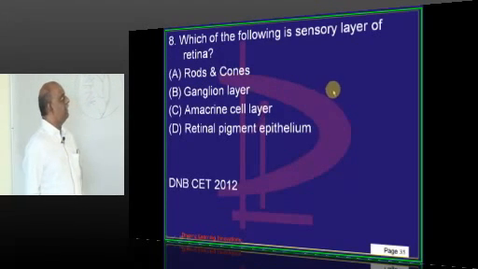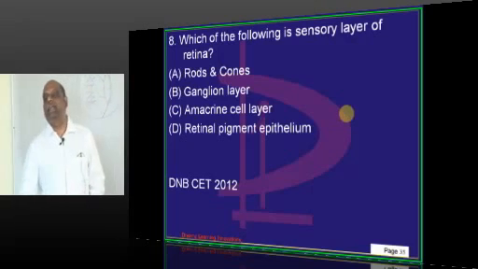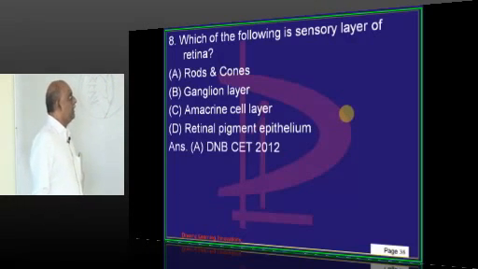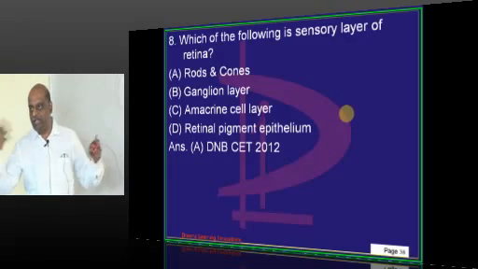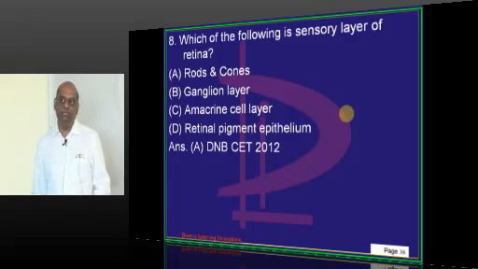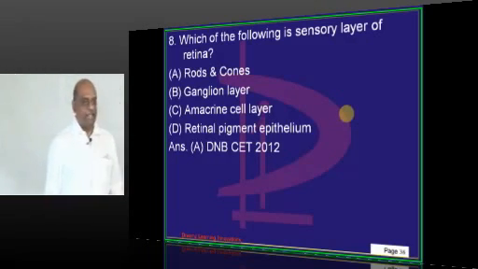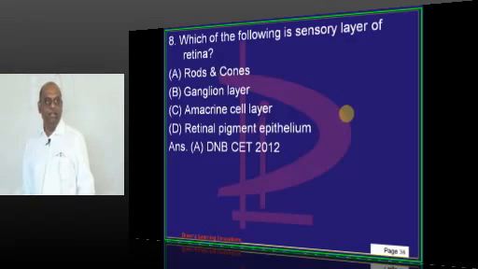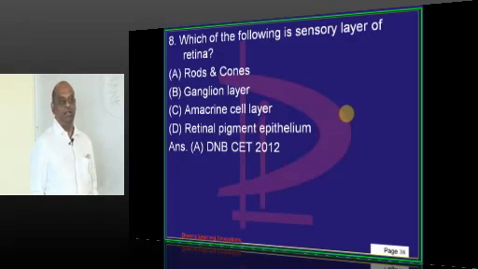Then doctor, out of all this, which is the sensory layer of the retina? Obviously rods and cones are the ones which are reacting to the light. So day after tomorrow when you come for the physiology class, Dr. Kulkarni explains the visual cycle, rhodopsin, etc., which is the favorite topic in physiology.